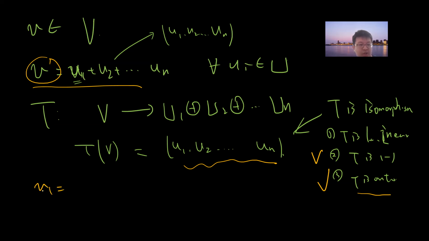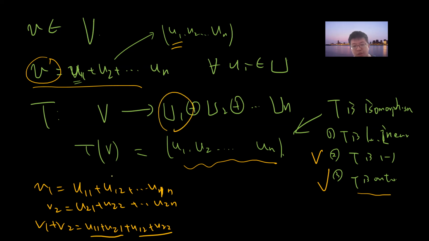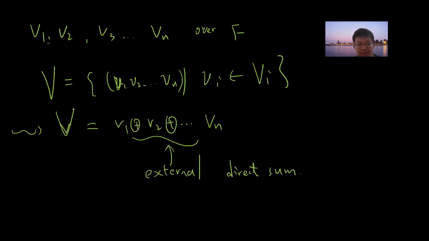If v1 is (u11, u12, up to u1n) and v2 is (u21, u22, up to u2n), then v1 plus v2 is (u11 plus u21, u12 plus u22, and so on). But u11 plus u21 must fall into U1 because U1 is a vector space. So T is linear. Check by yourself; I already checked. Very simple.